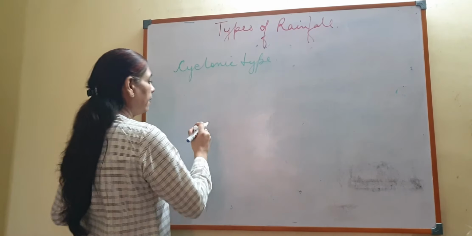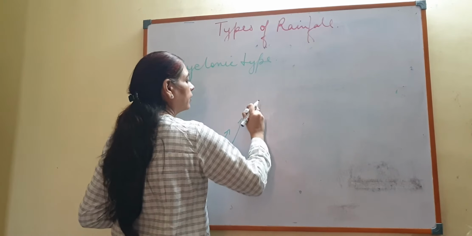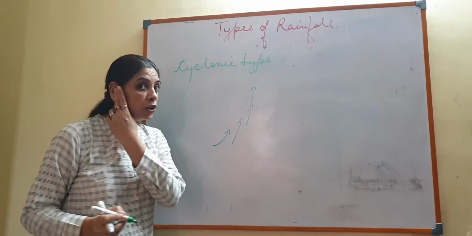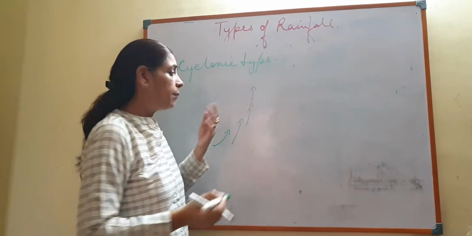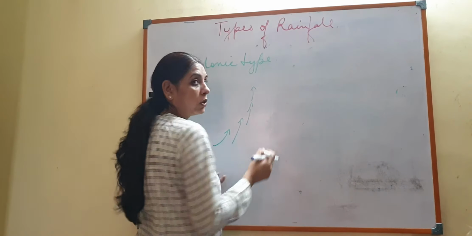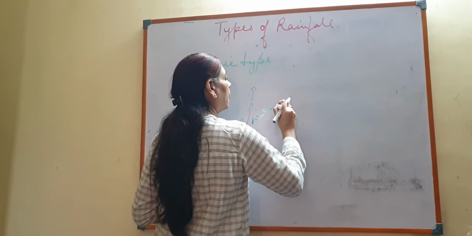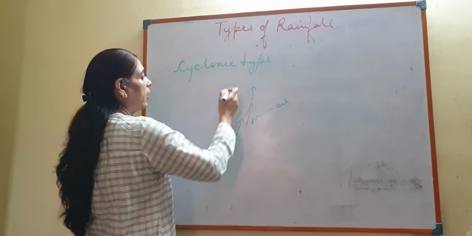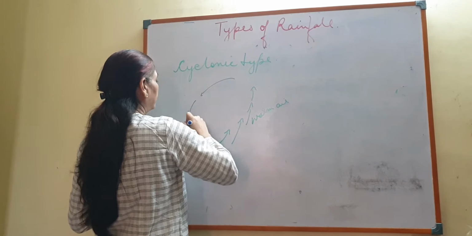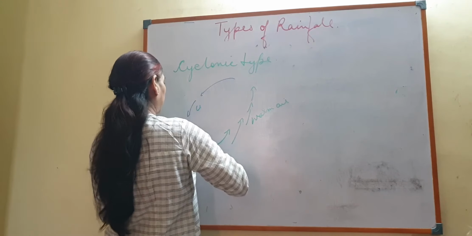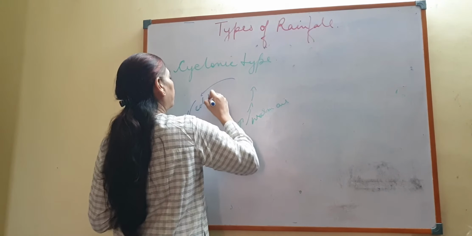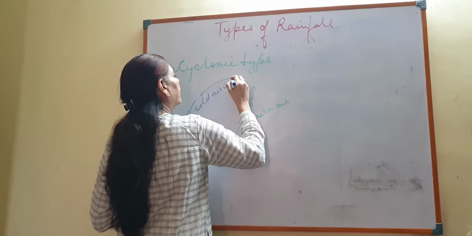Okay, so now what happens? The warm air mass is light. Okay, it is moisture laden because hot air rises up, so it is light and it holds moisture. And the cold air mass is heavy.